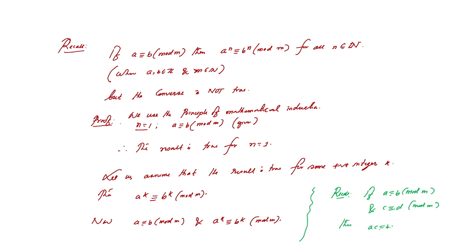AC is congruent to BD mod M. So that means here we can write A to the power k congruent to B to the power k mod M. And from that we can easily write A to the power k plus 1 congruent to B to the power k plus 1 mod M. So therefore the result is true for n equals k plus 1.